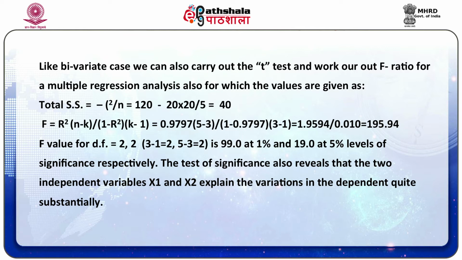Like the bivariate case, we can also carry out the t-test and work out the F ratio for a multiple regression analysis also, for which the values are given as total SS is equal to summation y into y minus (summation y) whole square upon n, which is equal to 120 minus 20 into 20 upon 5, which is equal to 40.